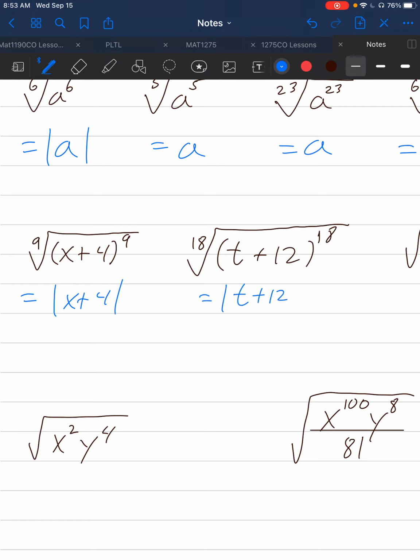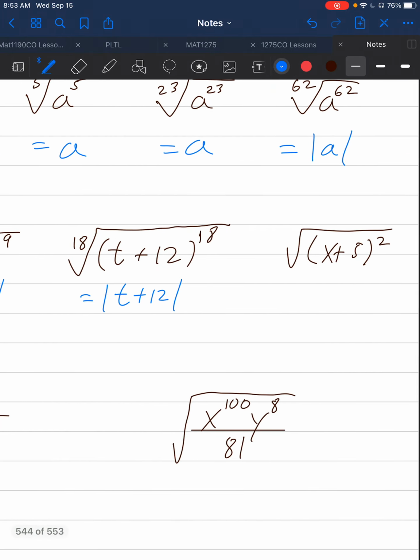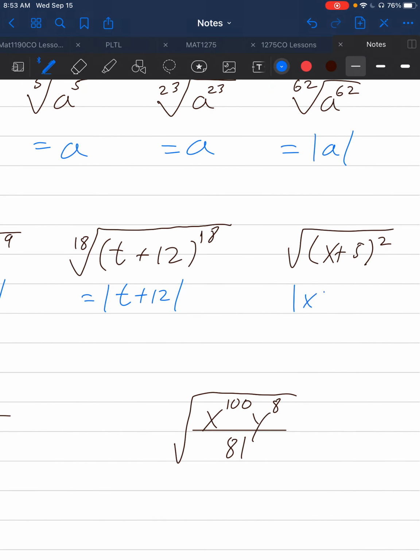And if that index is even, then absolute value bars are necessary. But if I were to change this up a little bit, say this was not the 18th power, but rather the 17th power, again, we do not need those absolute value bars, all right?